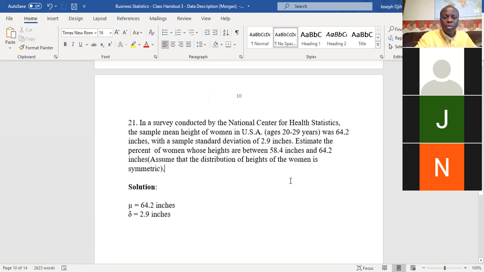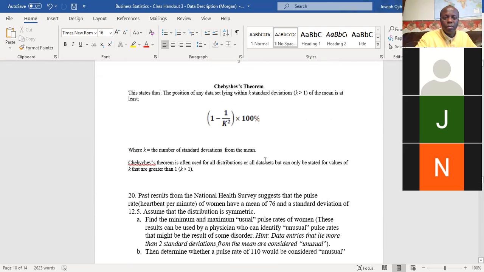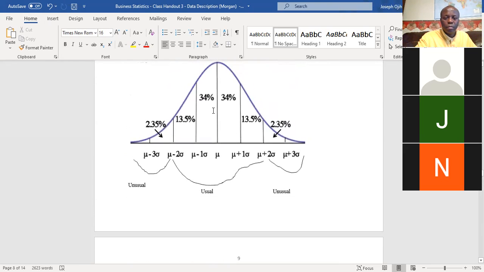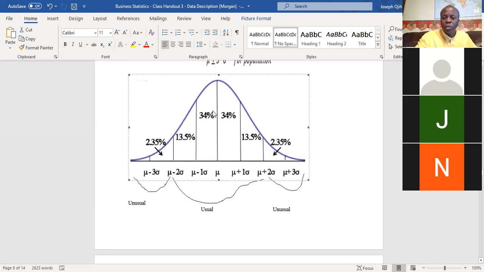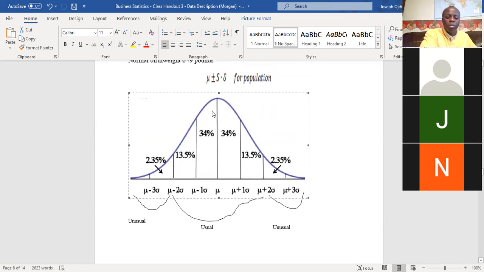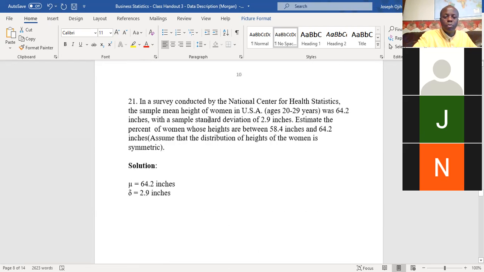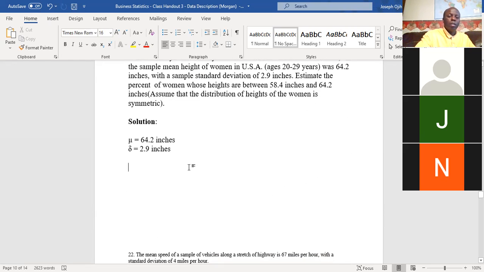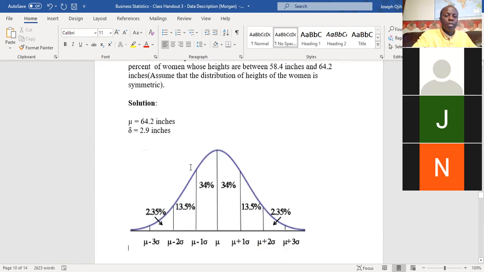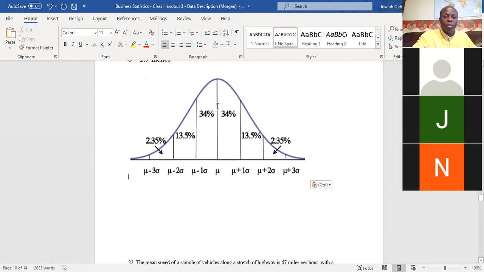So what you're going to do here is copy this, because like I told you, it is already done. You just have to use it and paste it here, so we'll be able to figure out that percentage. We are told that the mean is 64.2 inches, so this is the mean right there.